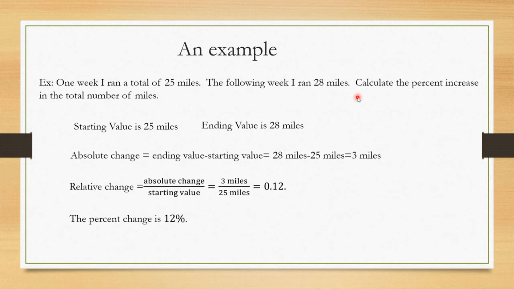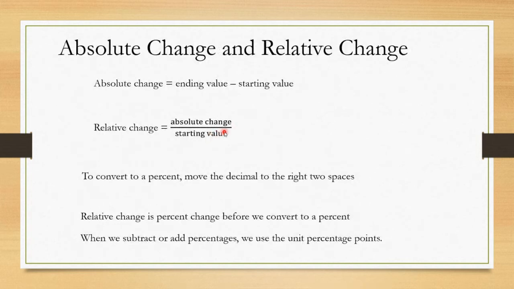So the percent increase. Okay, so what we want to do is basically get the percent increase, which is the percent change. So we do have to get the absolute change, okay? For relative change, for percent change, we first calculate relative change, and then we convert it to a percent. So we have to calculate absolute change.